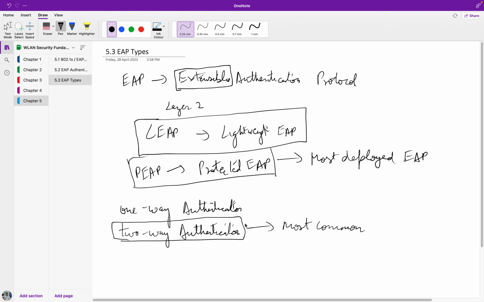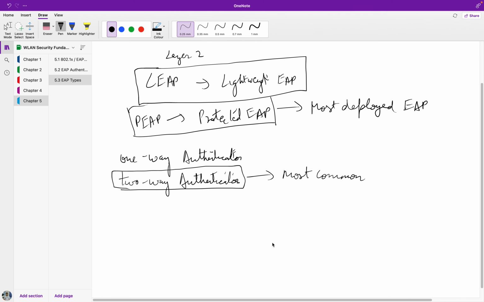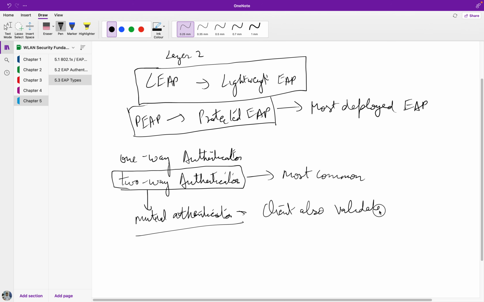Up till now we understand that the user sends username and the password to the server, and then the server will check the database and will say yes or no. Now in mutual authentication, or two-way authentication, the client also validates the server. That also is very important.